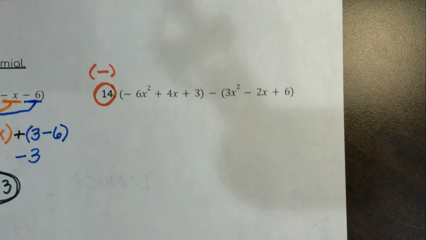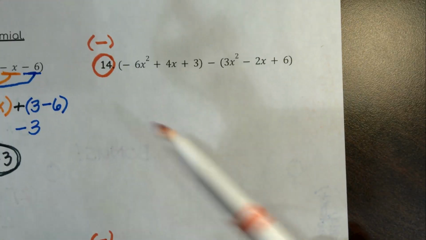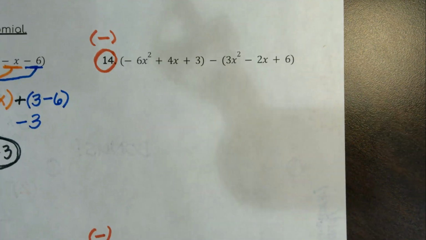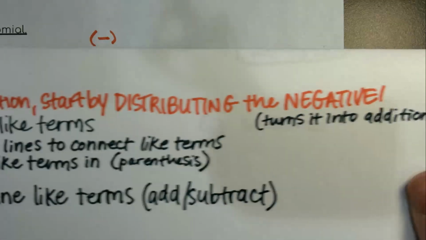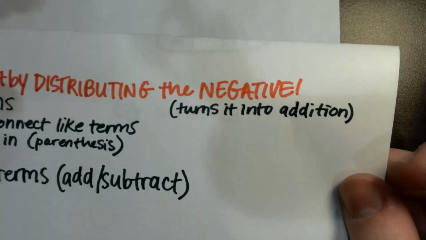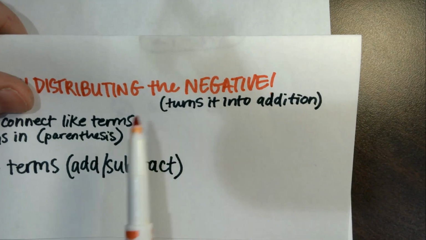Let's move on. Let's check out number 14. As we labeled earlier, this is a subtraction problem, so we have to do an extra step at the beginning. Remember, for subtraction, we start by distributing the negative. When we distribute a negative, it's going to turn the whole thing into an addition problem.